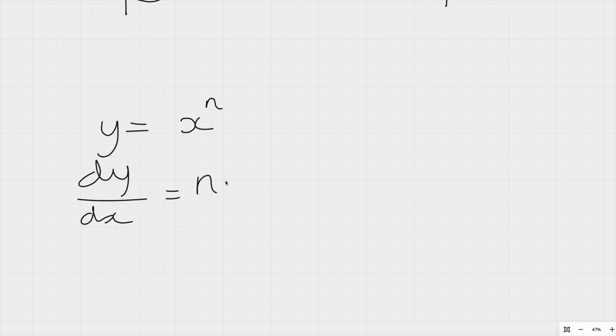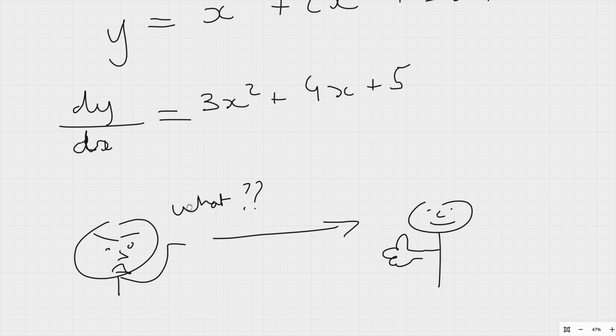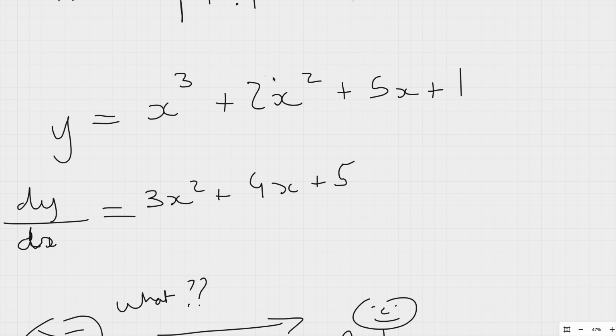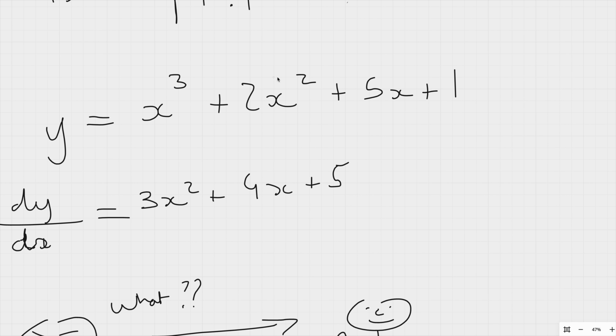If we have y equals x to the power of n, our general formula for dy/dx is nx to the power of n minus 1. So seeing our equation here, it is basically bringing down the 3, then taking away 1. Bringing down the 2, so you do 2 times 2, which gets us 4.